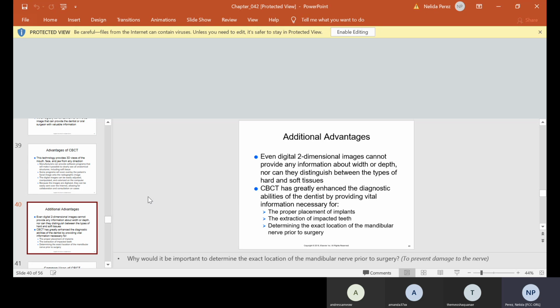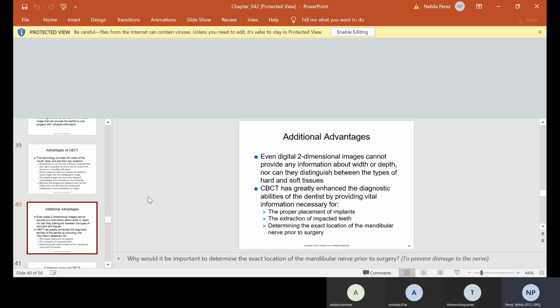Okay, so additional advantages: even digital two-dimensional images cannot provide any information about width or depth, nor can they distinguish between the types of hard and soft tissue. But a CBCT has greatly enhanced the diagnostic abilities of the dentist by providing vital information necessary for the proper placement of implants, the extraction of impacted teeth, and the examination of the mandibular nerve prior to surgery.